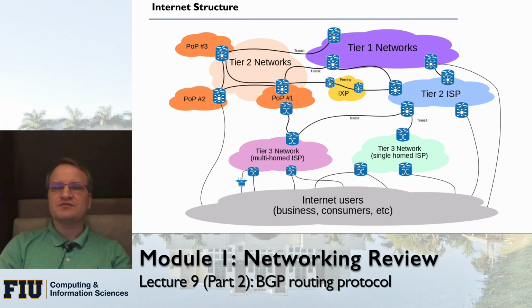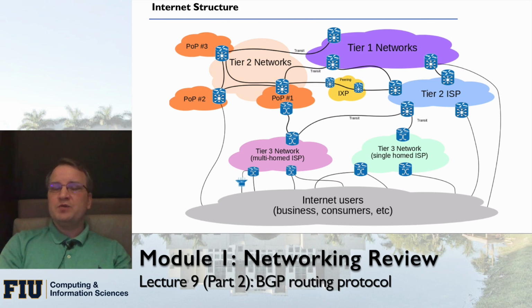It's just some form of policy allowing a customer to communicate directly with a customer. A similar relationship can exist between tier 3 networks, where networks have some partner agreement to forward packets directly instead of going to higher level ISPs. And the same thing can happen on a higher level as well.